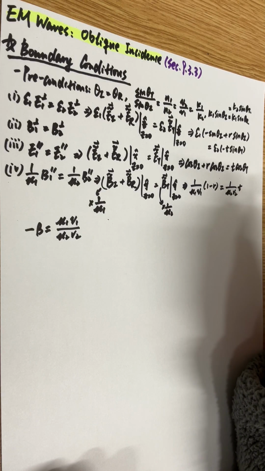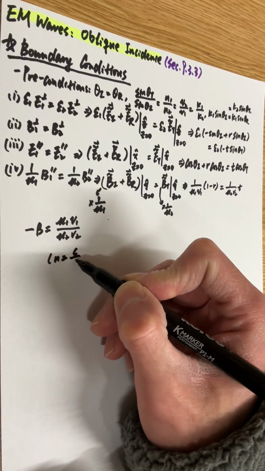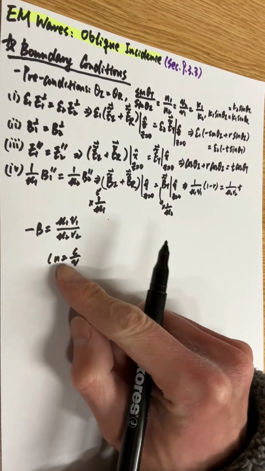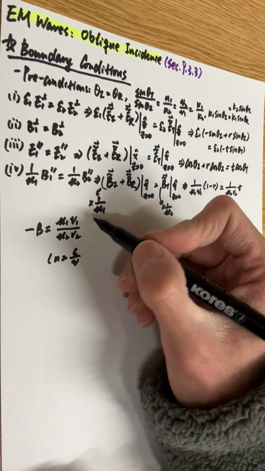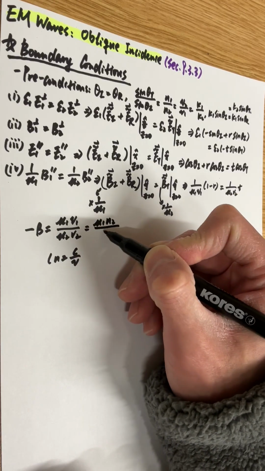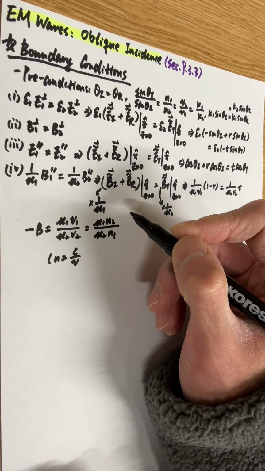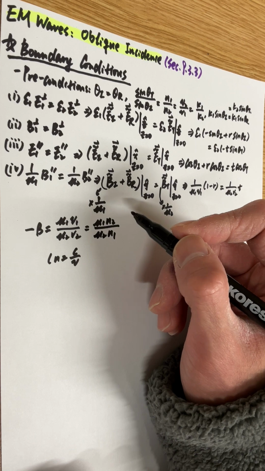And because n equals c divided by v, n is inversely proportionate to v, so we have mu1 n2 divided by mu2 n1. That's going to be helpful to us at some stage.